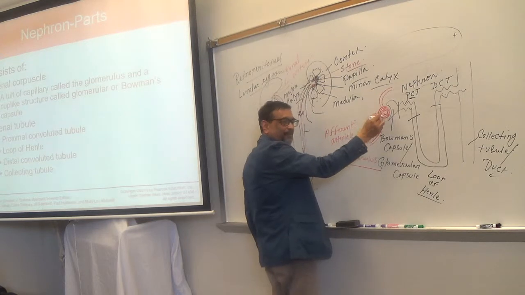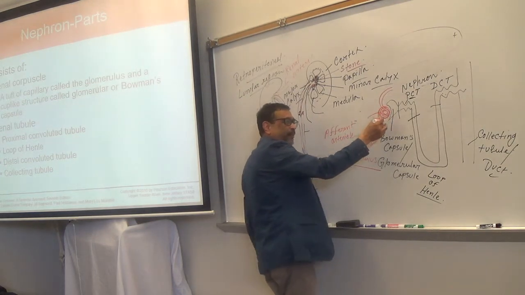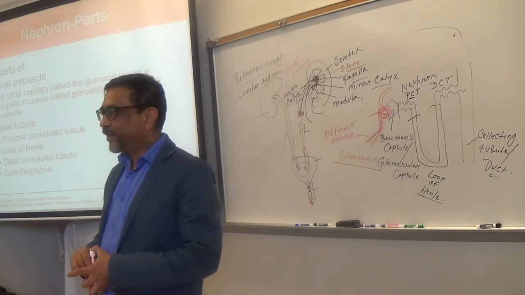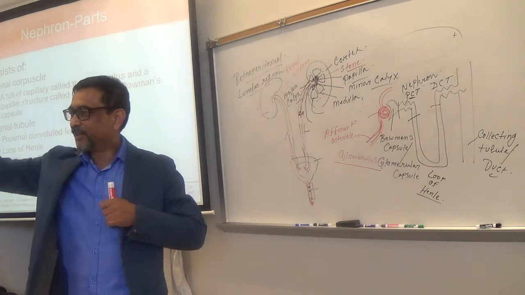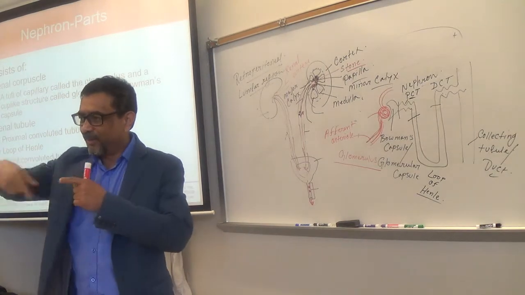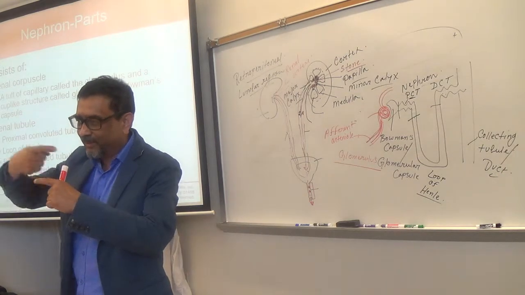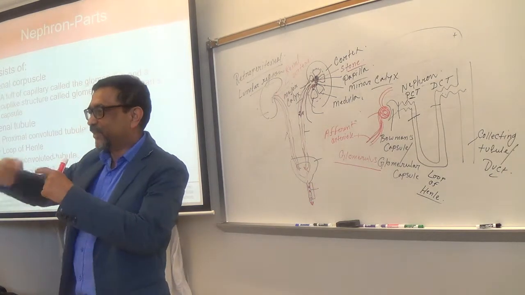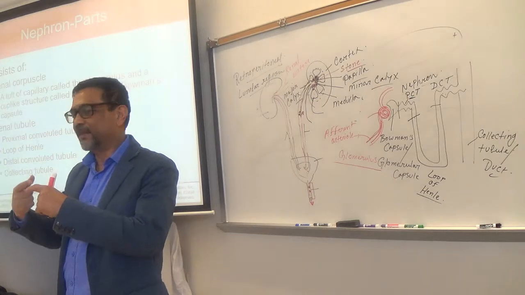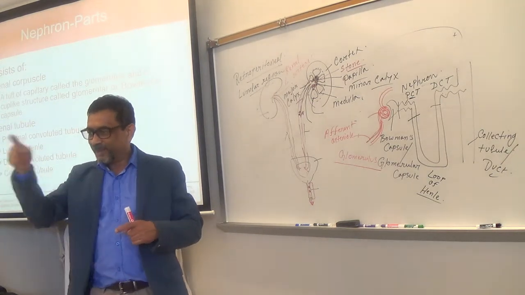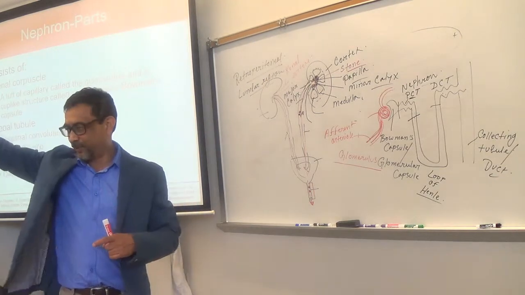Now the blood flows inside the glomerulus for a long time, because it is very long, right? It's a ball, so it is very long. So blood will take some time to finish circulating inside it. Is it clear? So it will stay longer. It will do like this, and then get out.